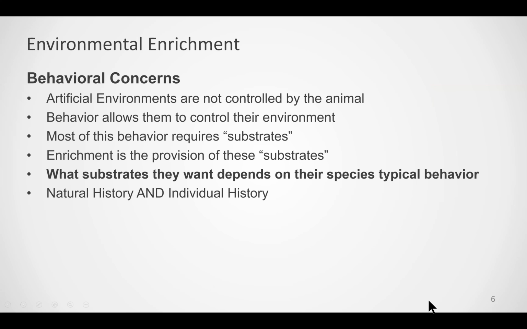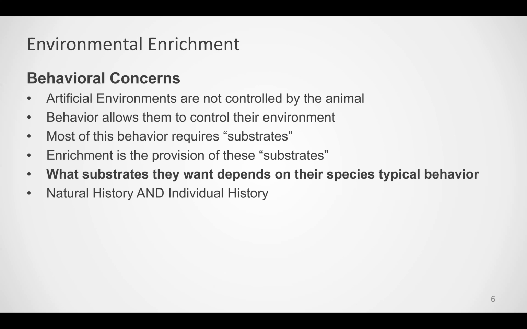There are behavioral concerns. Artificial environments are ones that the animal does not control. So if you can provide an environment where the behavior would allow them to control some of their environment, that is very helpful.